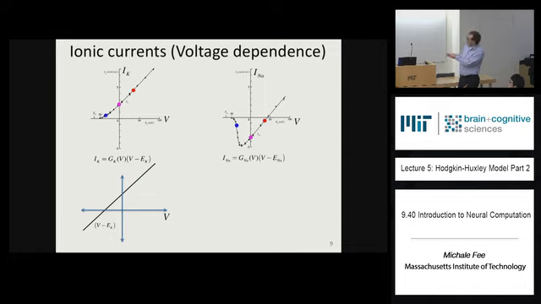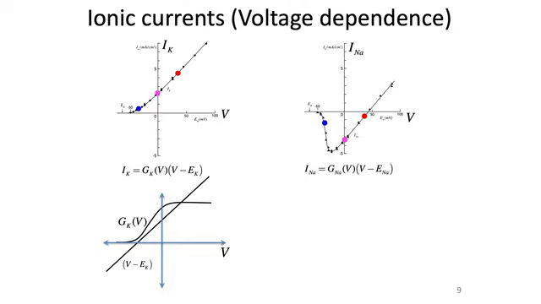So the reason this curve shuts off and goes to 0 is that the conductance goes to 0 down here, and it's constant up here. Does that make sense? It's 0 down here and constant up here.